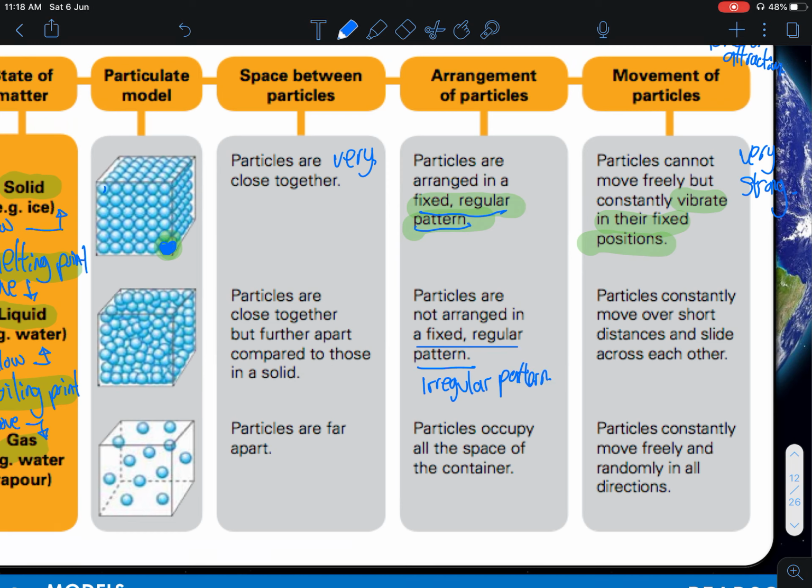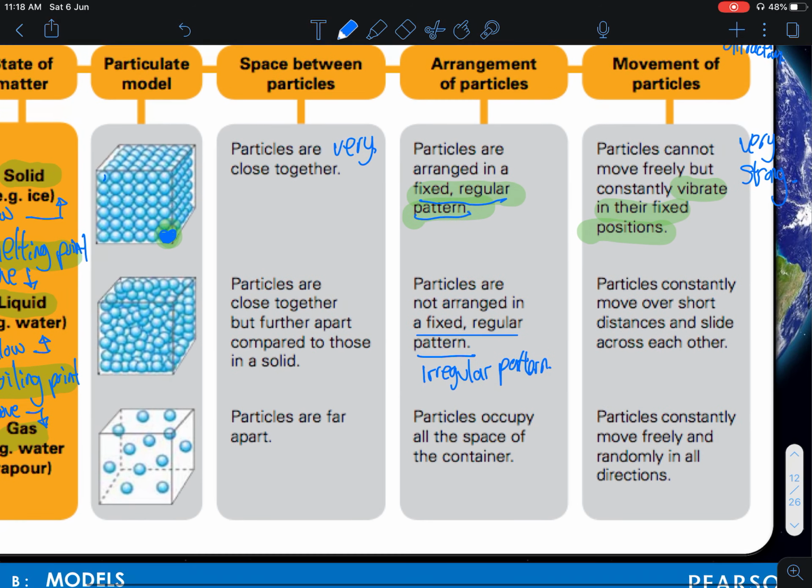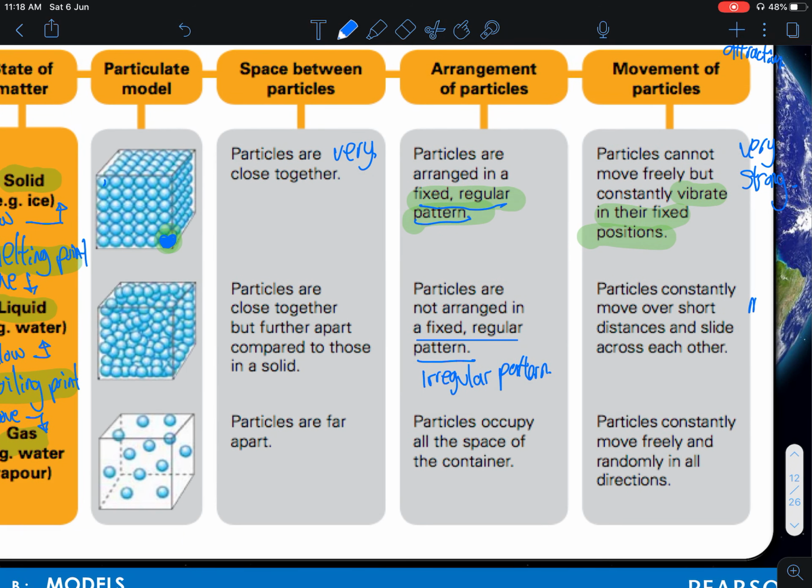And the attractive forces between them are moderate. Let me write the statement below: they have moderate forces of attraction. The particles have space, that's one.